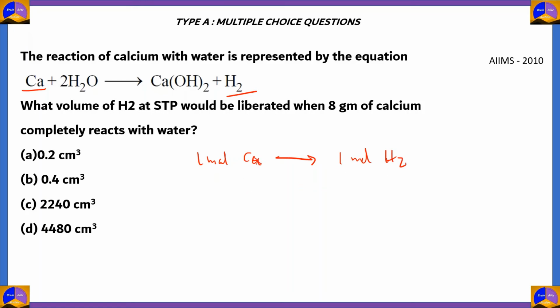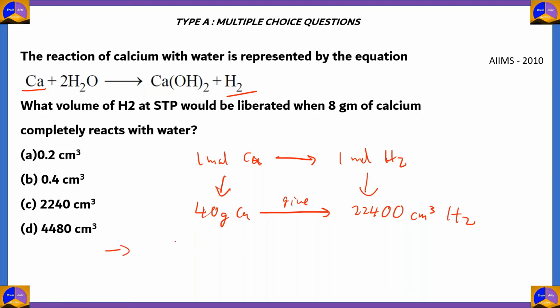1 mole of calcium has the mass 40, so 40 grams of calcium. And since we need to know how much volume of H2 is liberated, for 1 mole of any substance, they have the volume 22400 cubic centimeters. So 22,400 cubic centimeters of H2 is liberated by 40 grams of calcium.